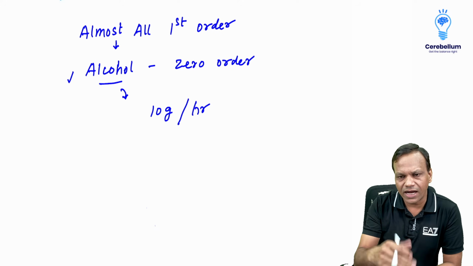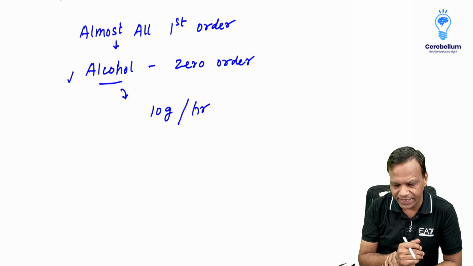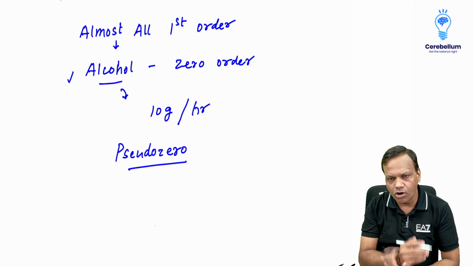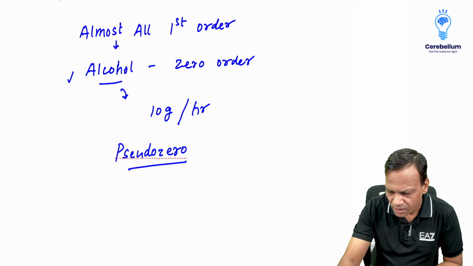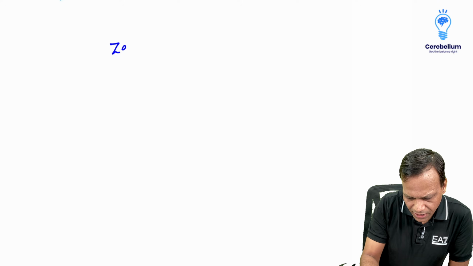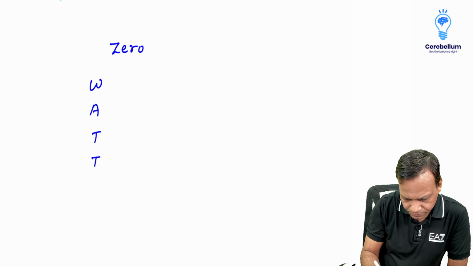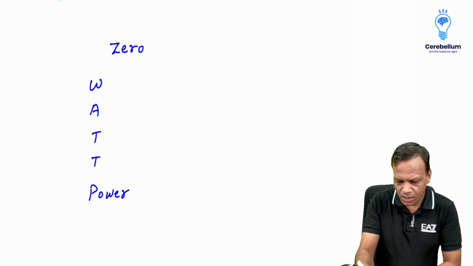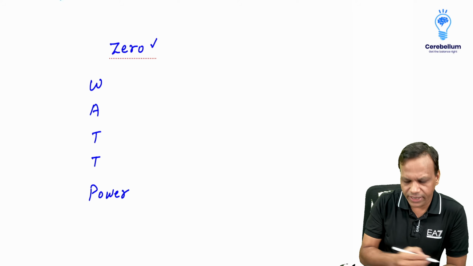Now there are other drugs also which follow zero order kinetics. They are usually called pseudo zero order kinetics. We will discuss pseudo zero order also, but just remember here, normally we consider all of them to be zero order, and these are remembered as 0 watt power. Like we have a 0 watt bulb at home, so 0 means zero order kinetics.